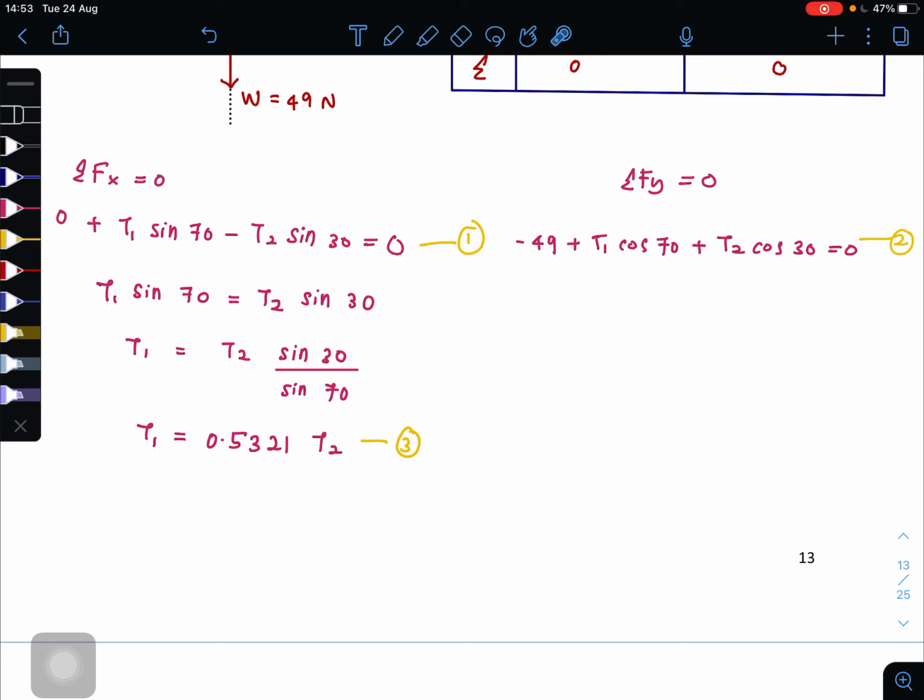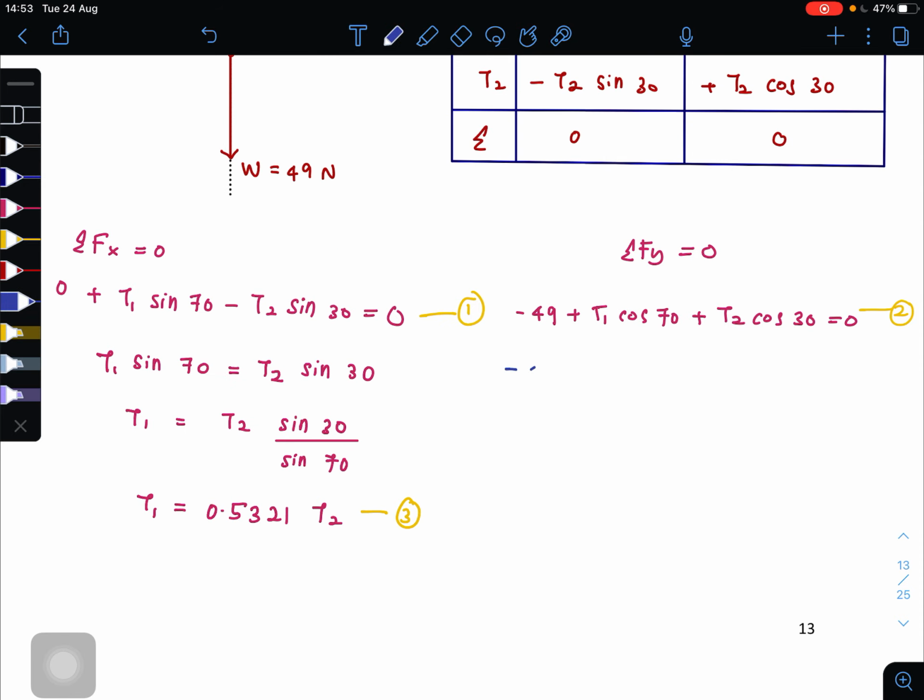So just substitute this one into here. We have negative 49 plus T1, 0.5321 cos 70 plus T2 cos 30 equal to 0.